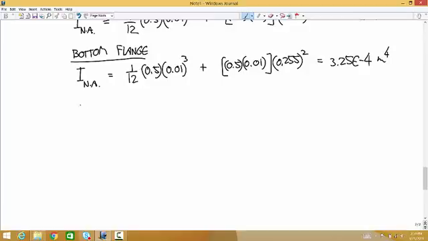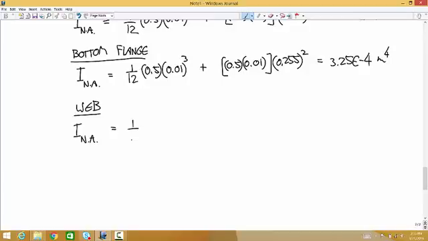And then for the web, the moment of inertia, so the neutral axis for the web itself is the same as the neutral axis for the entire shape. So this is just going to have the main formula for the rectangle.